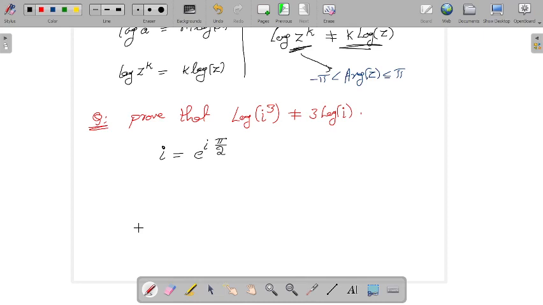So this is the same as e power i 3 pi by 2. But this 3 pi by 2 is actually bigger than pi, and I need a value which is between negative pi and pi. So what will it be?